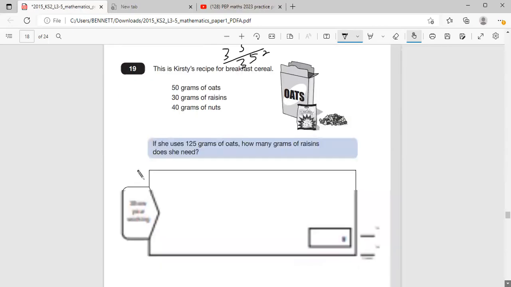Number 19. This is Christy's recipe for breakfast cereal. It says 50 grams of oats, 30 grams of raisins, 40 grams of nuts. If she uses 125 grams of oats, how many grams of raisins does she need? Let us compare. Basically, let us find the ratio between these two.